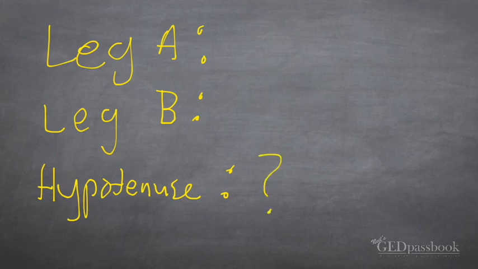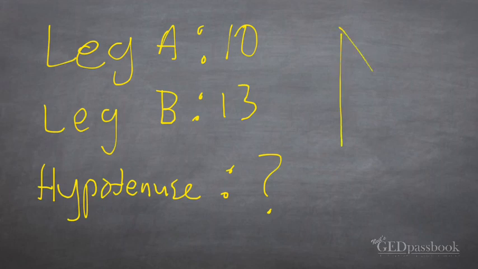Hypotenuse. So either they give you this, and I don't know, 10, 13, and then the question mark. In this specific case, they didn't give us a diagram, but it's very clearly laid out for you to draw out. Right triangle, the hypotenuse is the long part, so that's obviously C, that's my question mark. That's what I'm looking for. Leg A and B never really matter, just do that, and then go forth, my children.